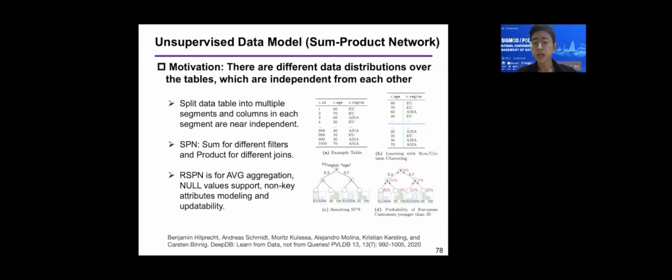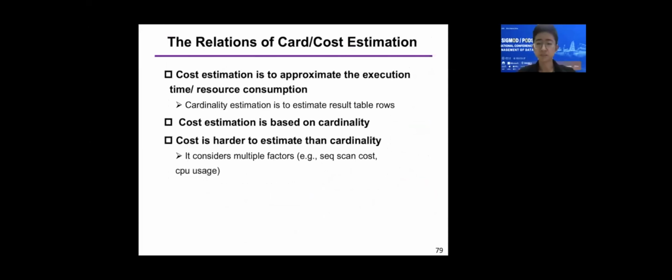Then they build a relational sum-product network, where the sum is for the union operations and the product is for the joint operations. And to support aggregates like average and sum, they multiply the expectations of the aggregates with the probabilities coming from the child nodes.